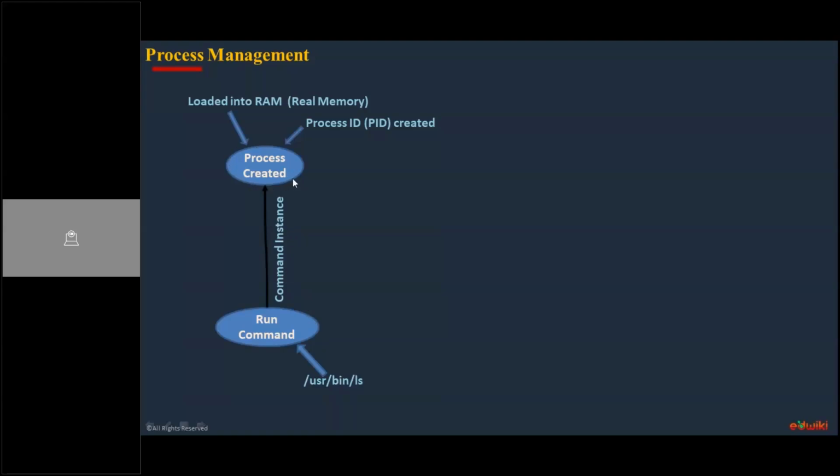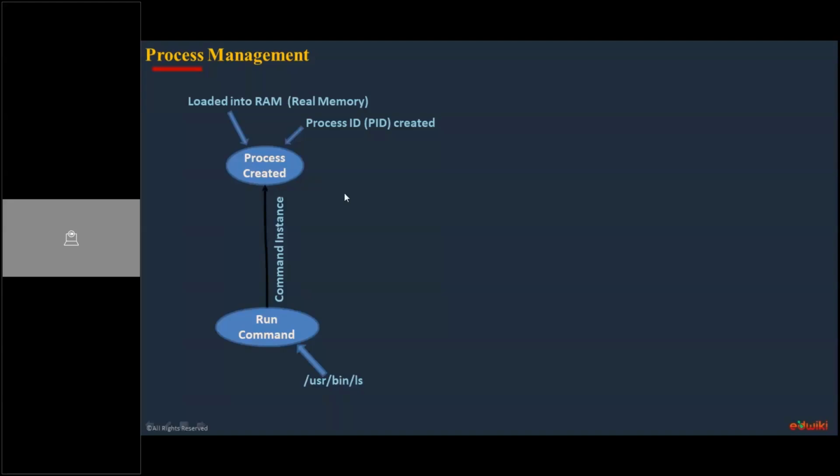You all know your system will have the memory and the processor, correct? RAM and the processor. So whenever you run the command, your command related details will be loaded into the real memory. The moment your command is loaded into the real memory, we call it a process created. So can I use this statement?